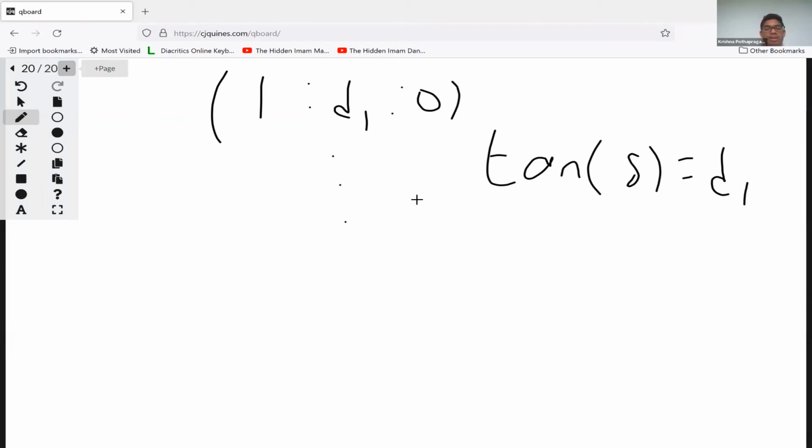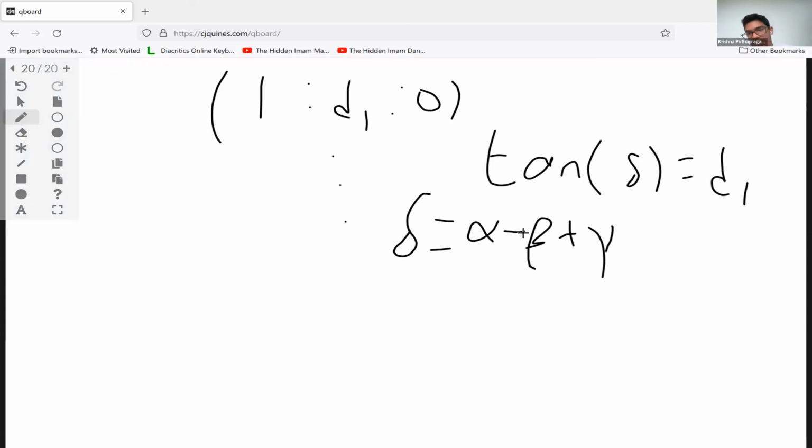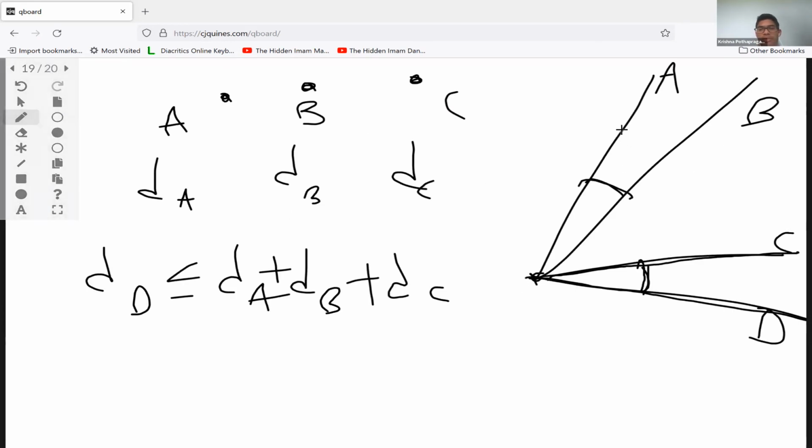And we also have that, I'm going to say the angle for A is alpha, the angle for B is beta, the angle for C is gamma. We have that delta equals alpha plus gamma minus beta, right?